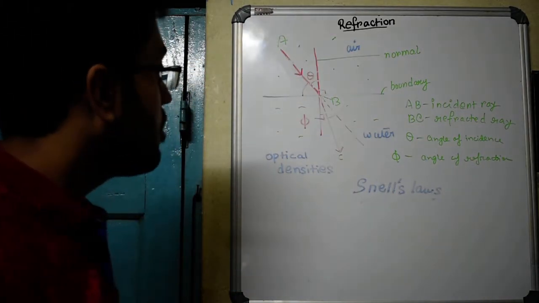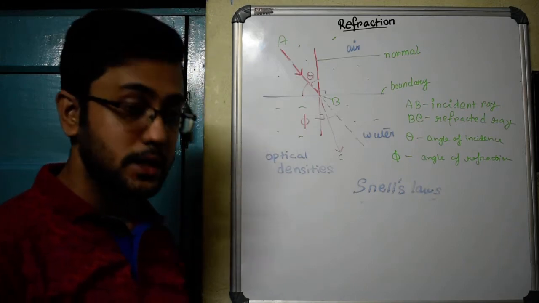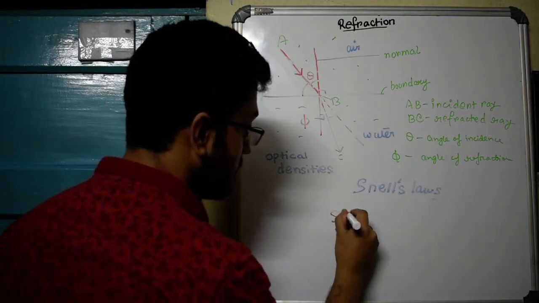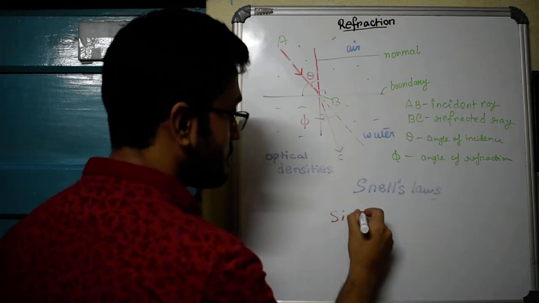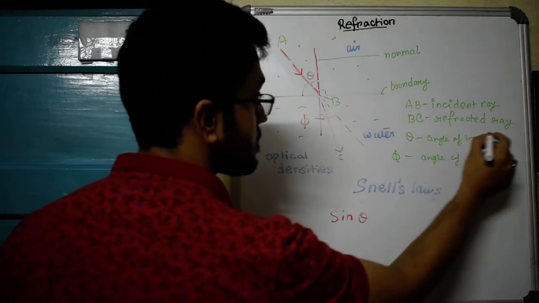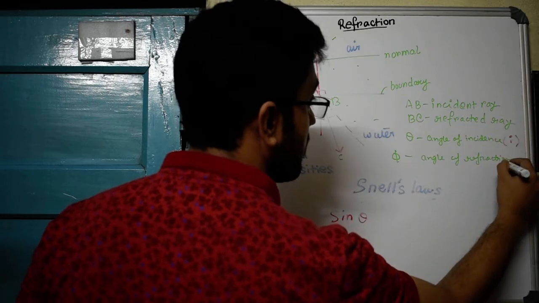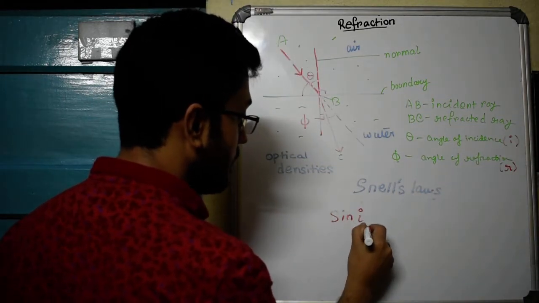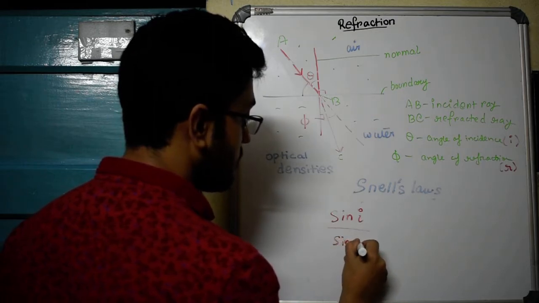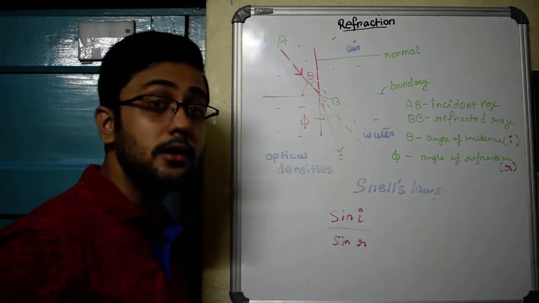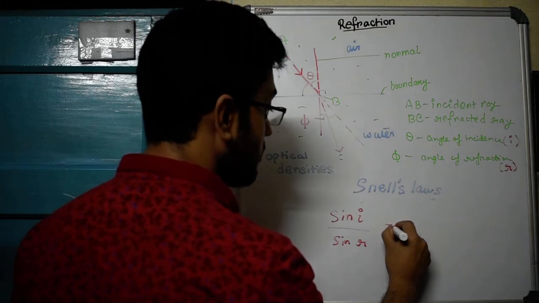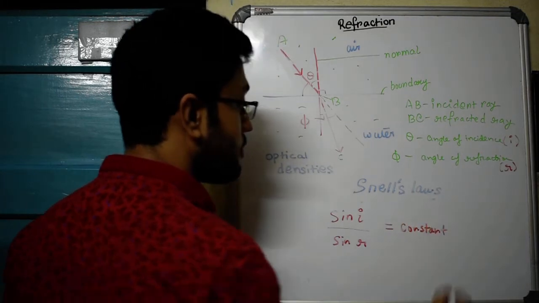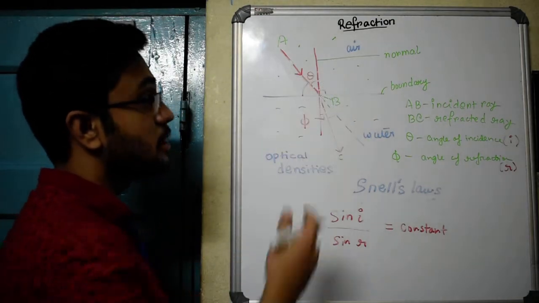And the second law of refraction says that the sine of the angle of incidence theta, which is sometimes called I, and the angle of refraction, called R, so I will write it like that: sine I divided by sine R, the ratio of the sine of the angle of incidence to the sine of the angle of refraction, is a constant for any given pair of media, like in this case air and water.